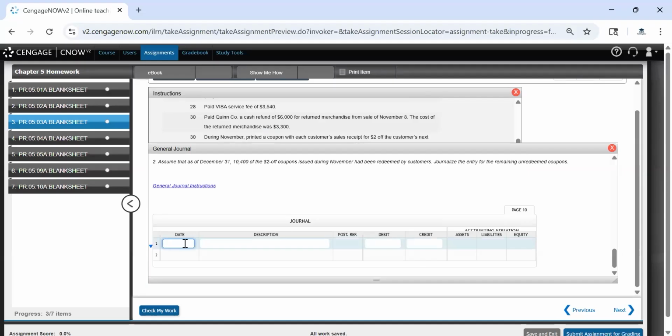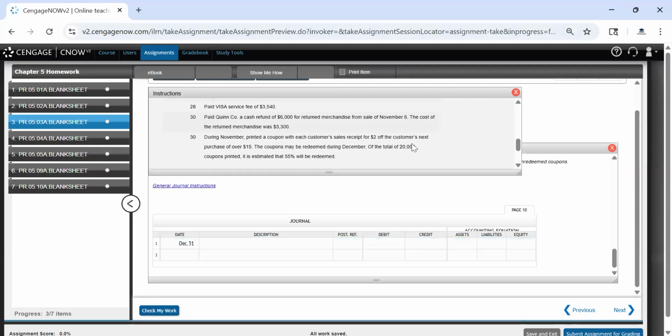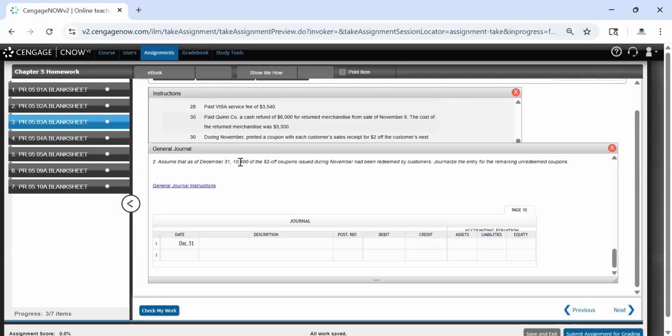And this is going to be a December 31st entry because it's an adjusting entry. And 55% of 20,000 is 11,000. And so 11,000 minus the 10,400 redeemed, there's 600 unredeemed coupons left, meaning in our estimated ones that we thought were going to be redeemed. And that's 600 times 2, that's $1,200.